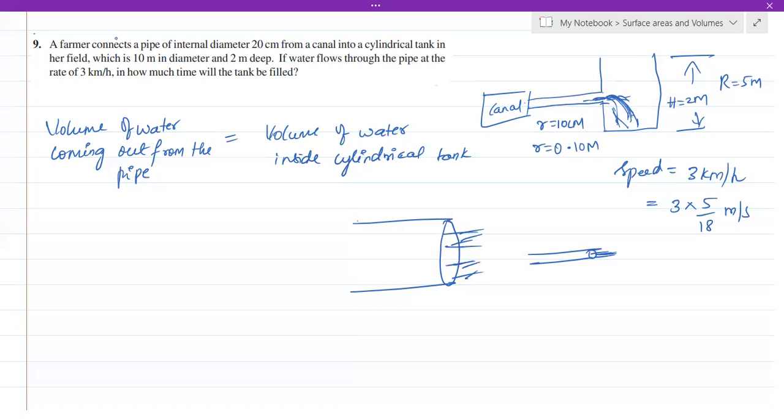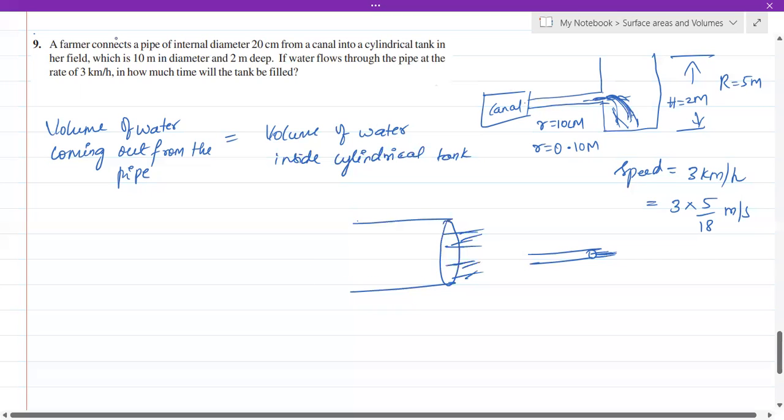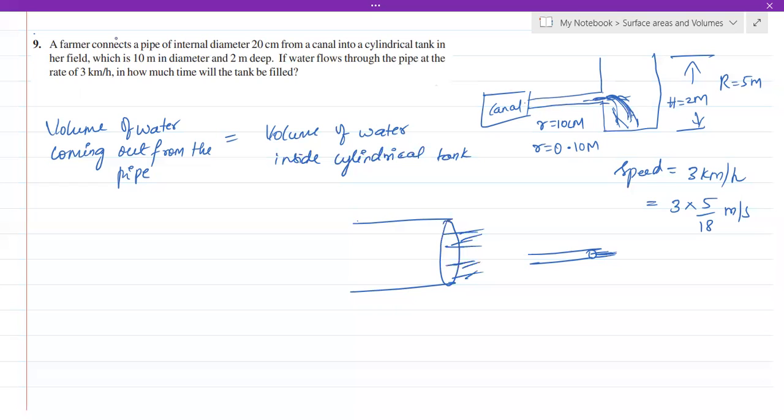If the water is flowing very slowly, the amount of water that we get in a dedicated time, in 5 minutes or 10 minutes, will be very, very less. Suppose the speed is very much more, in 5 minutes we get more amount of water. And it also depends on the time, because if you allow the water to flow for more time, you get more amount of water.